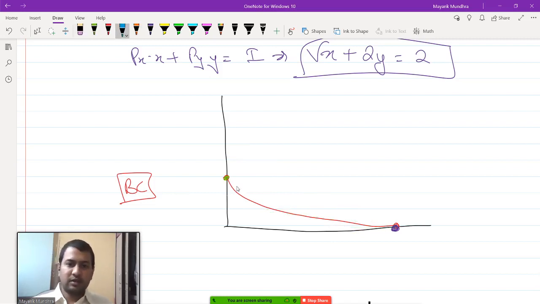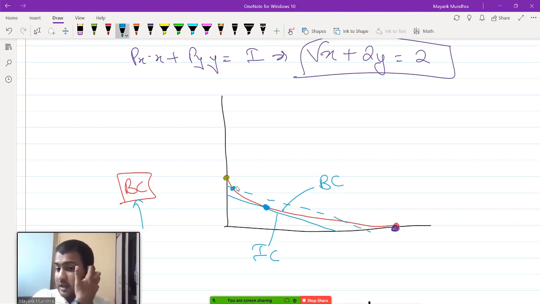So remember that this is the budget constraint and this is some tangent indifference curve. Indifference curves are straight lines. If you have a tangency condition like this, where the indifference curve is below and the budget constraint is above, you can definitely construct a higher indifference curve which will be intersecting the budget constraint.